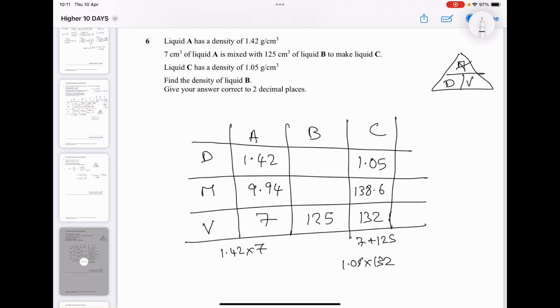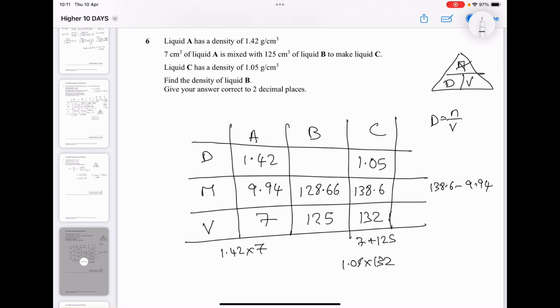I can work out the mass of B by doing 138.6, take 9.94. Because it's a mass, I can take one off to find the smaller one. So I've got 138.6, take 9.94, and that gives me 128.66 mass for B. To find the density, once again, density is mass over volume.